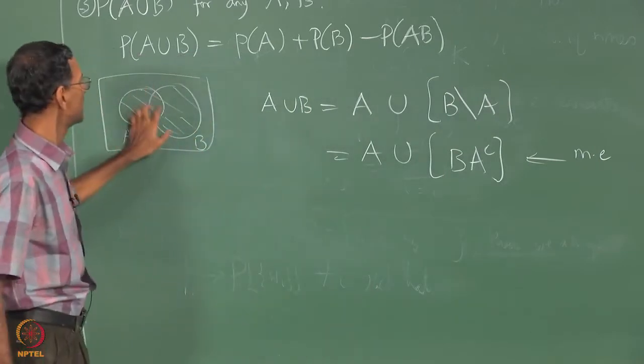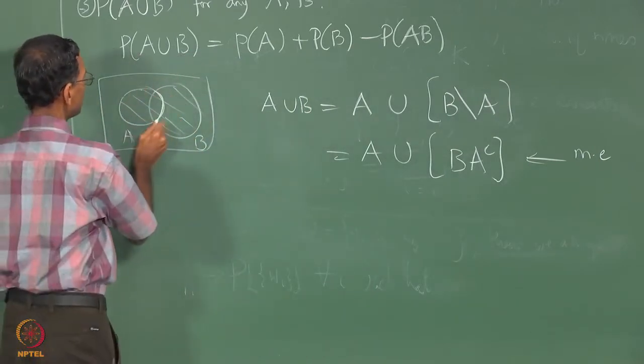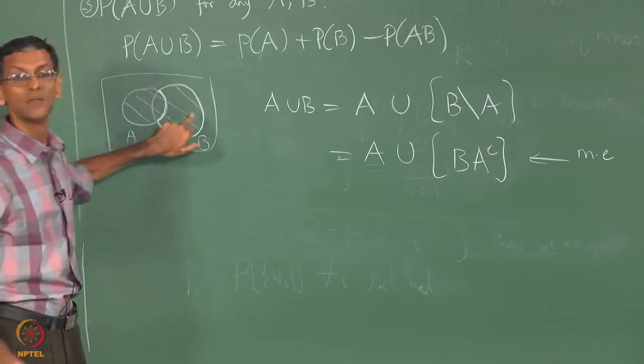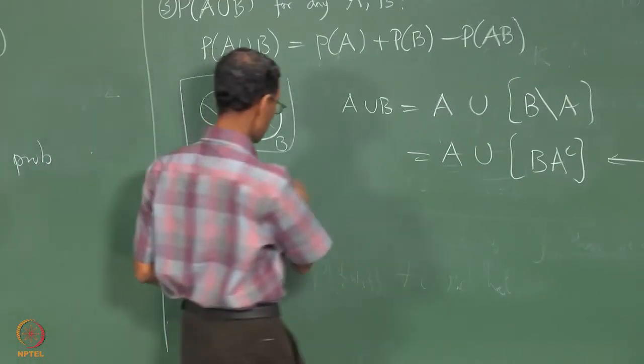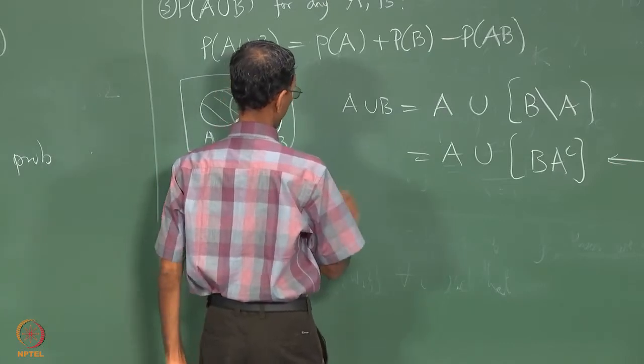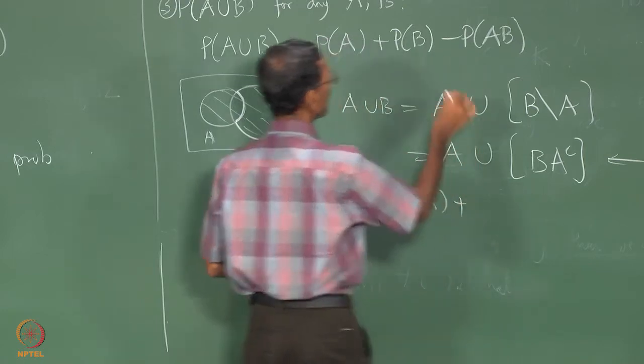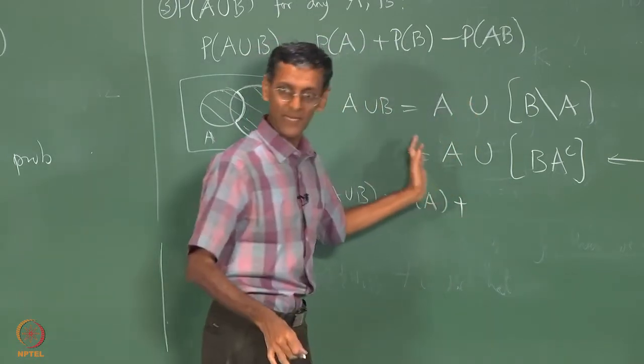This A is exclusive of BAC, and therefore I don't have to worry about the intersection when I just go back to the axiom.